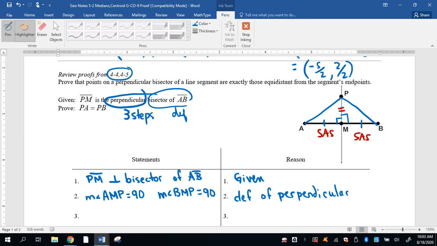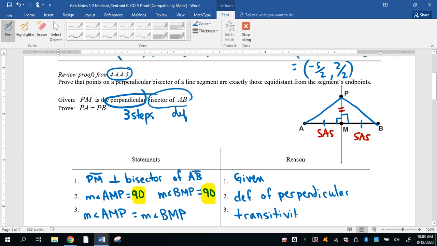If not, let's highlight. So what I want to show is that both of these equations equal 90. Since they both equal 90, then we know that the two left pieces equal each other by transitivity. Measure of angle AMP equals measure of angle BMP, transitive property.